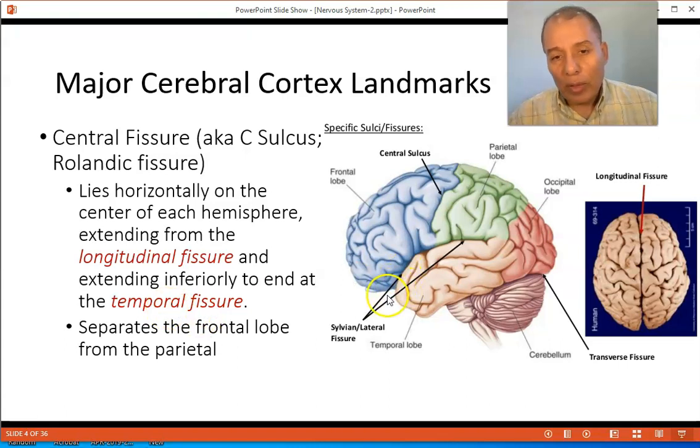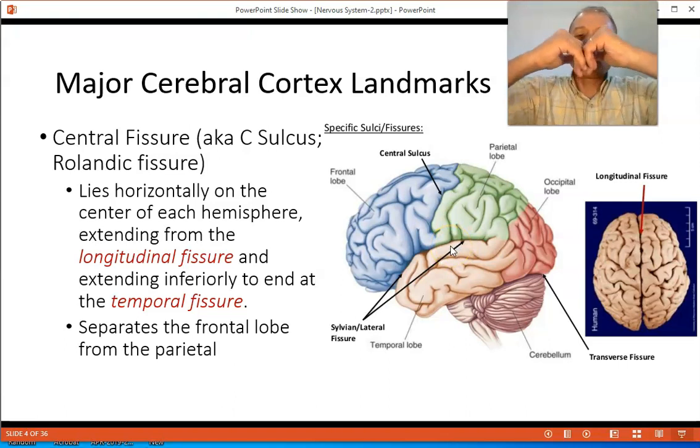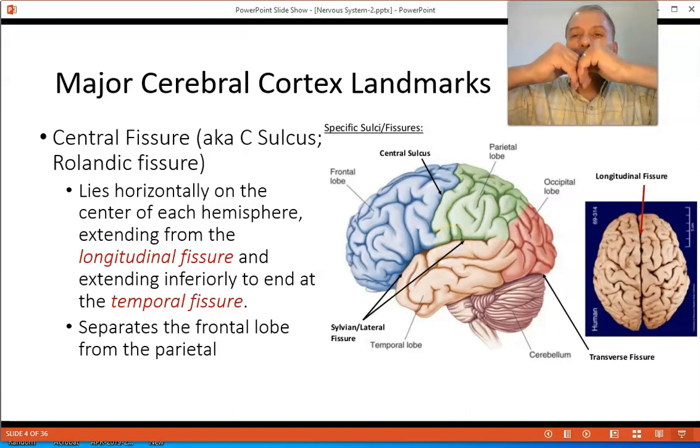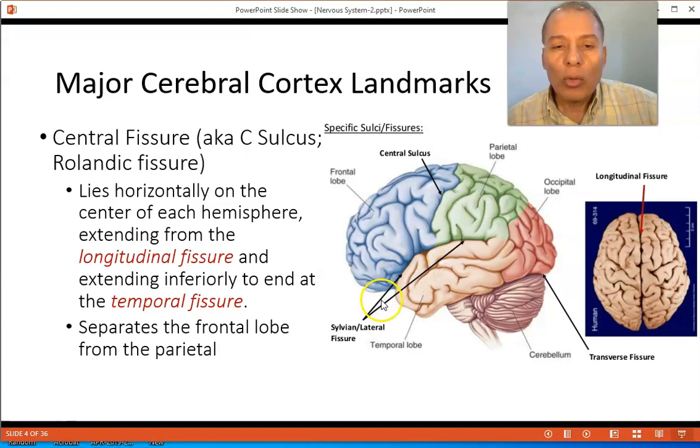Then the fissure that separates the temporal lobe from the frontal and the parietal lobes, when you open it, also has a deep groove in between. That is called the temporal fissure, or the sylvian fissure, or the fissure of Sylvius.